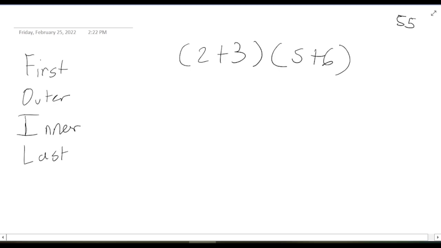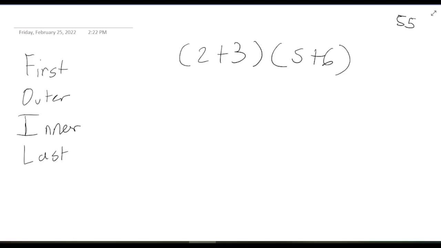So what does this acronym mean? Well, it's a set of directions on what we should multiply first. So kind of like how PEMDAS is parentheses, exponents, multiplication, division, addition, and subtraction, FOIL is the same thing. It's like our order of operations when multiplying binomials.